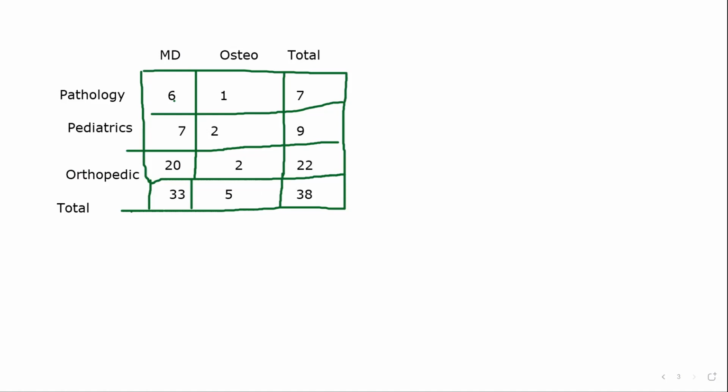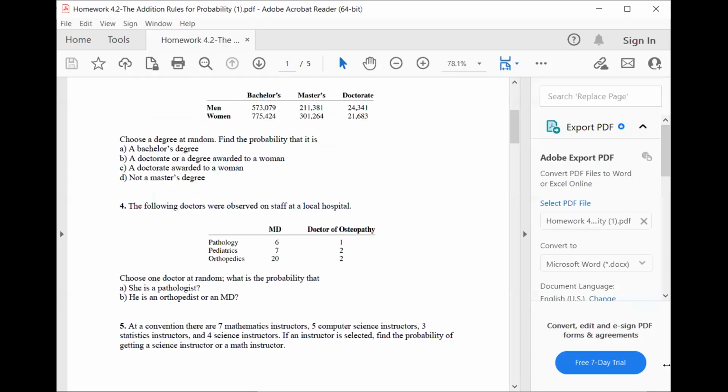So let's go do the probabilities now. Let's look at our question. It says choose one doctor at random. What is the likelihood or the probability that she is a pathologist? Well, how many pathologists do we have? Six.